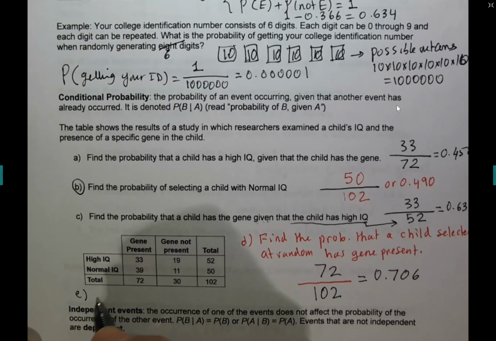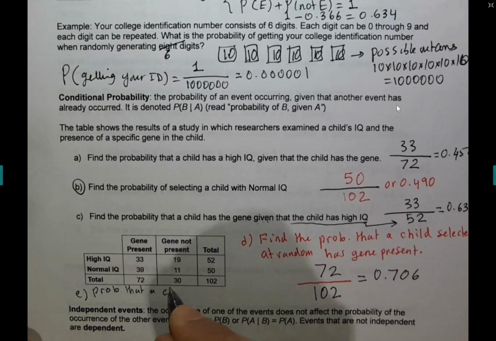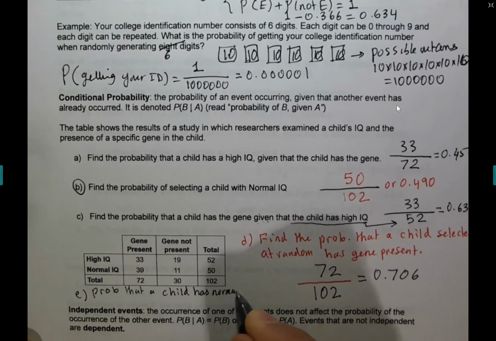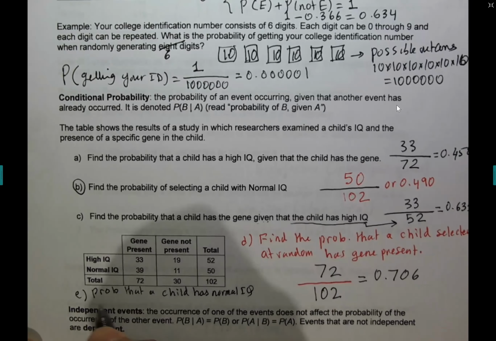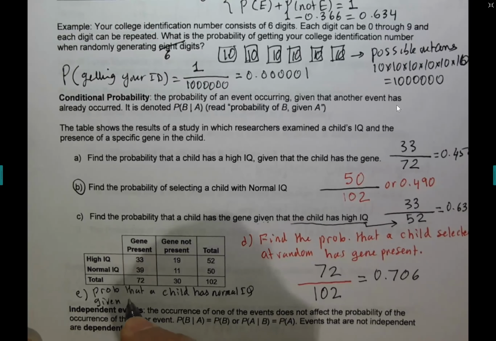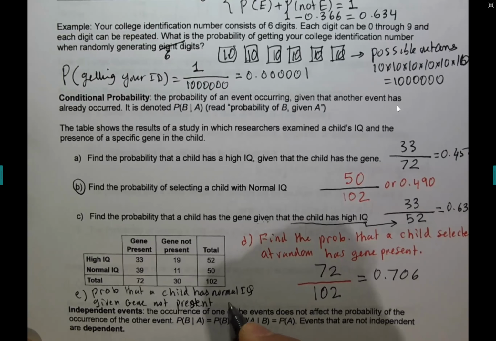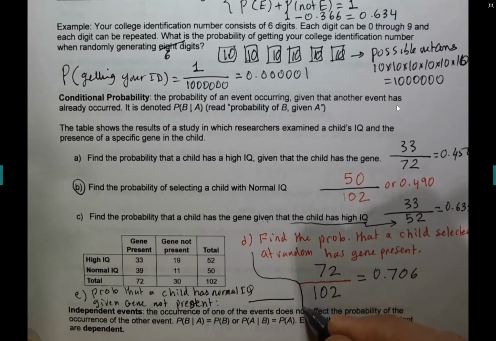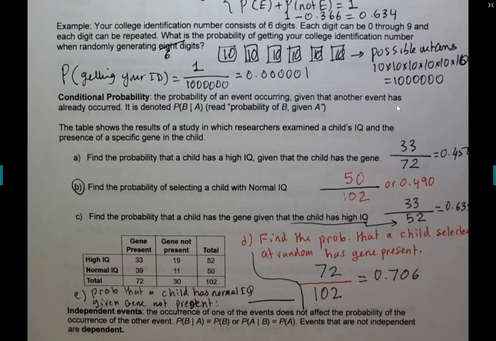I want the probability that a child has normal IQ given gene not present. So what's the probability of selecting a child who has a normal IQ given that the gene is not present?